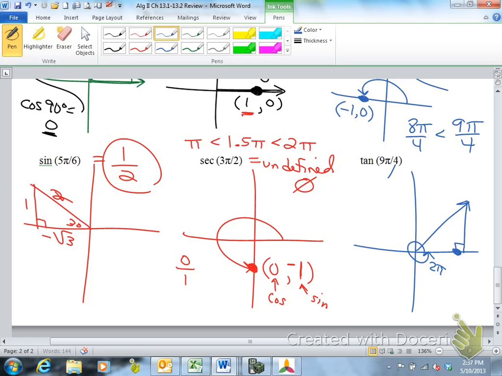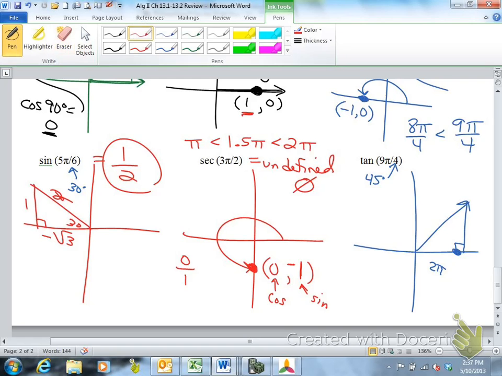And if you see the 4, then that means you're going to have a 45-degree reference triangle. Just like when we saw a 6, that gave us a 30-degree reference triangle. If you see a 3 in the denominator, that would be a 60-degree reference triangle. So 9 pi over 4 is this rotation.